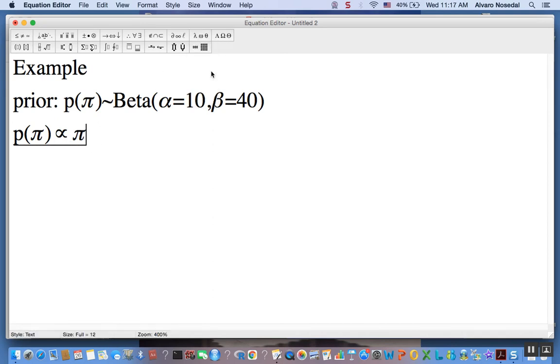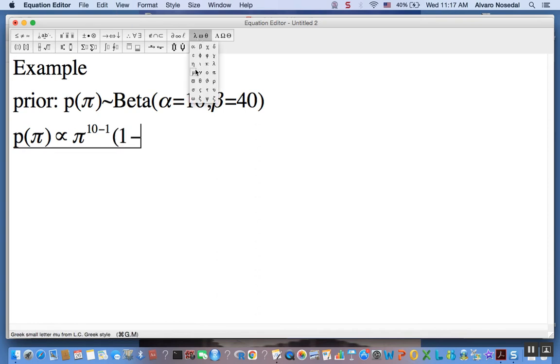Pi to the power 10 minus 1 times 1 minus pi to the power 40 minus 1, right? So that's a prior.